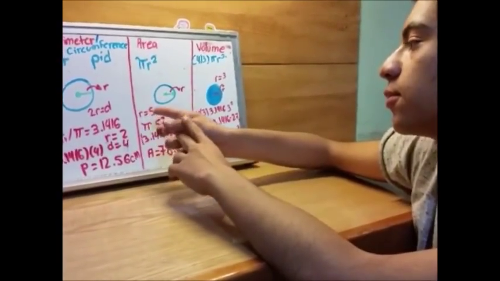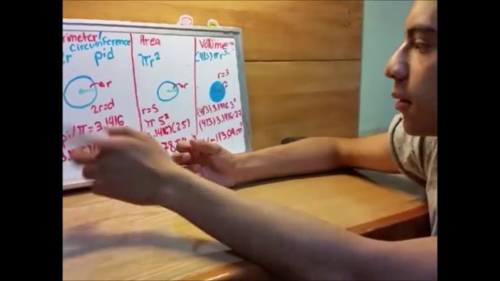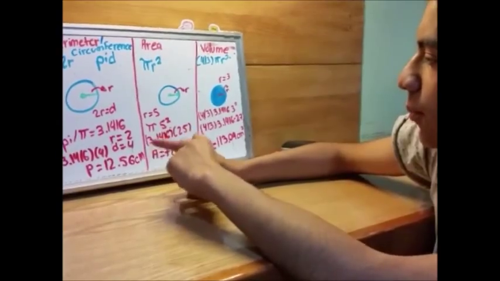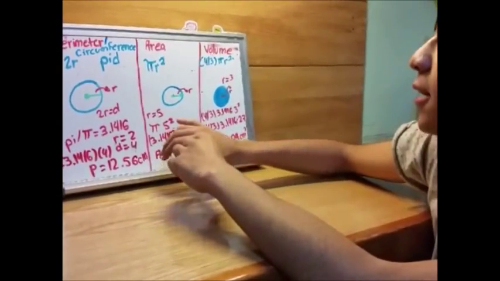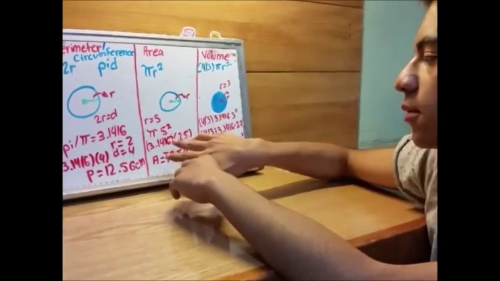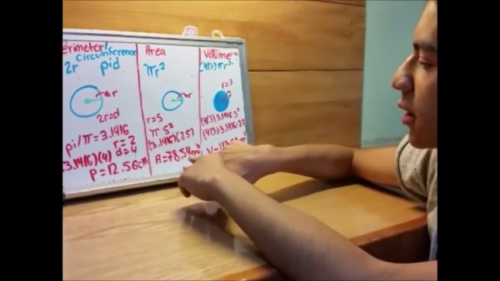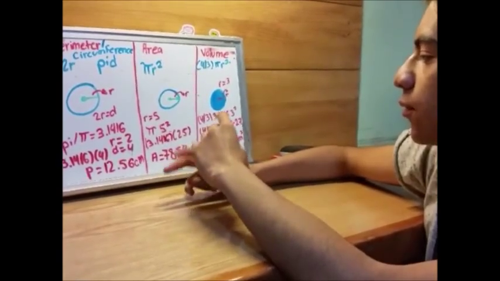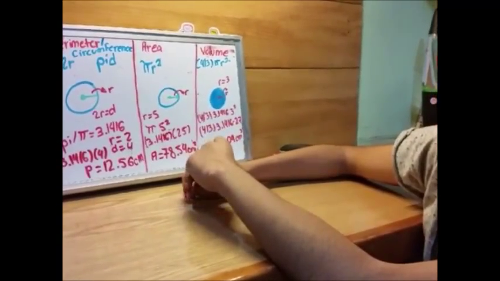Radius is equivalent to 5. We substitute. Pi is equivalent to 3.1416, and 5 squared is equal to 25. We multiply those numbers and we obtain that area is equal to 78.54 square centimeters.